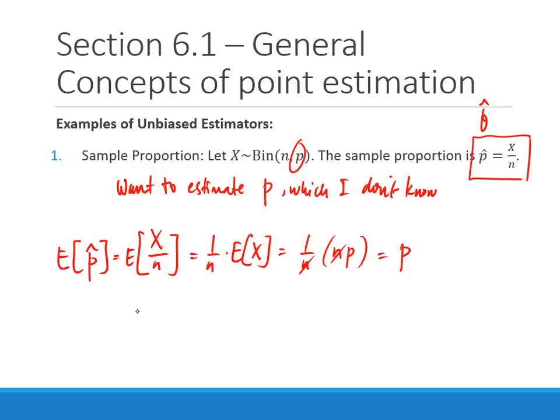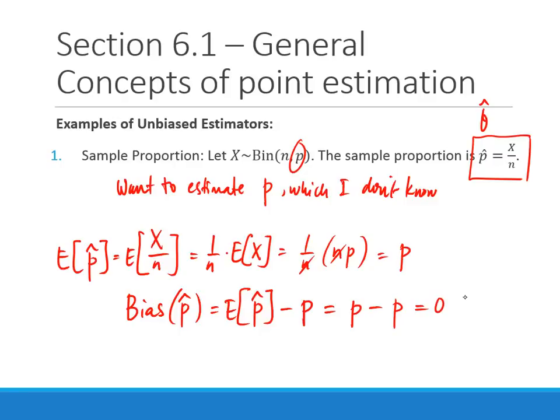So maybe just formally write this out. The bias of p hat, which is the expected value of p hat minus the thing I'm trying to estimate, p, and the expected value is p, which is the thing that I'm trying to estimate. So this estimator is unbiased.